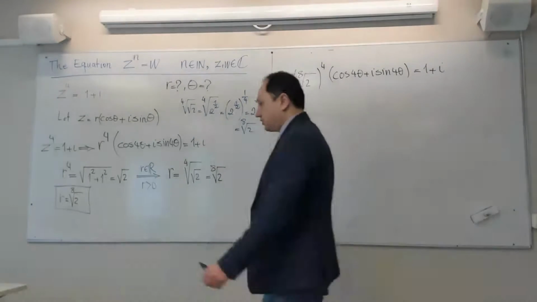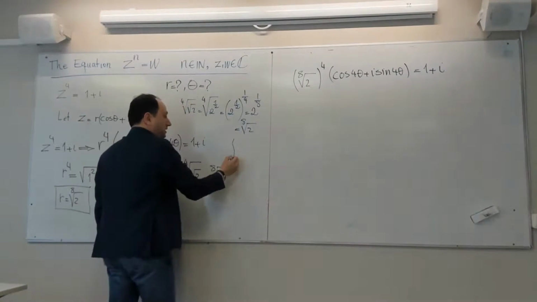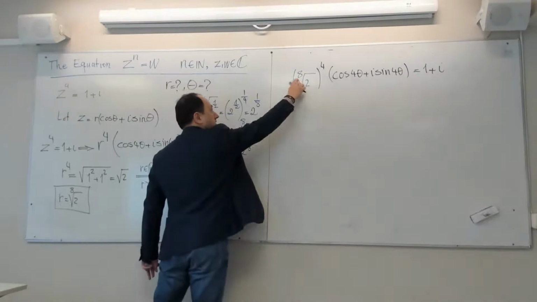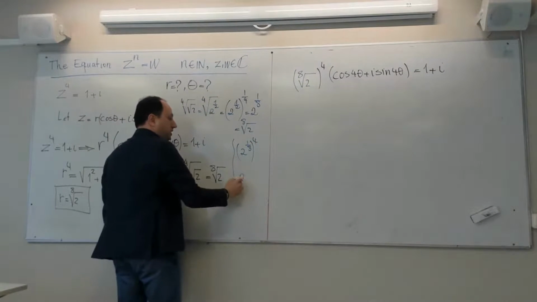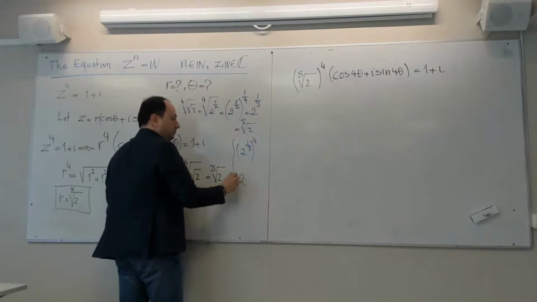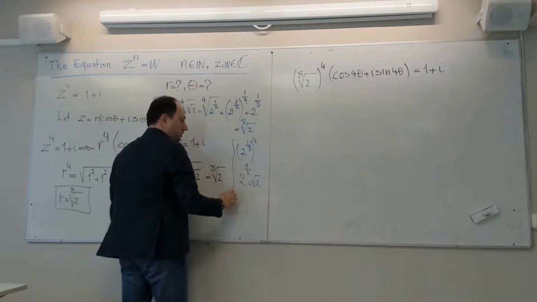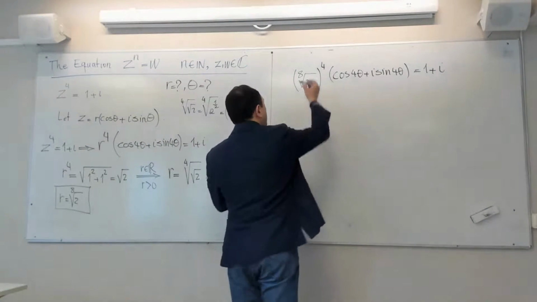But if I ask you to calculate this, you should be able to calculate this immediately, yes? This becomes 2 to the power of 1 over 8, and then I have it to power 4. So this becomes 2 to the power, I multiply them, 1 over 2. So it is nothing except the square root of 2.